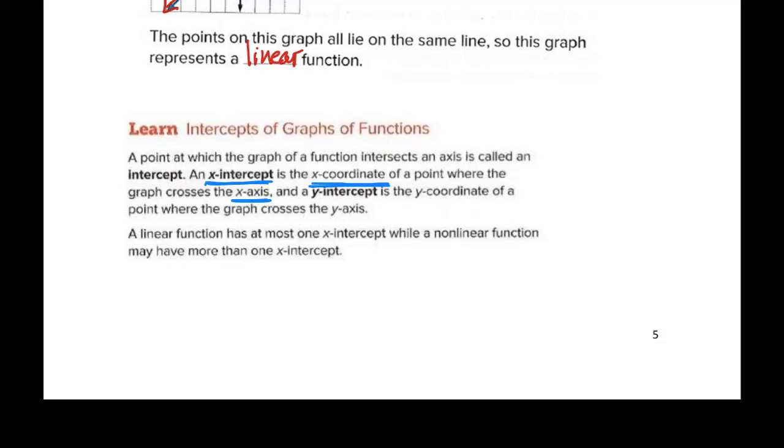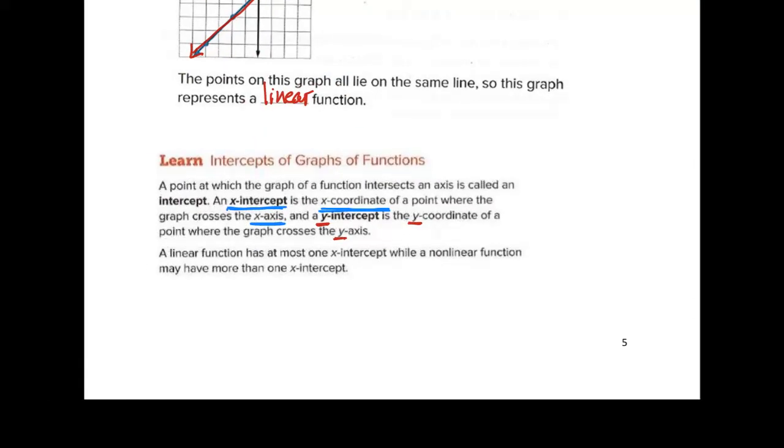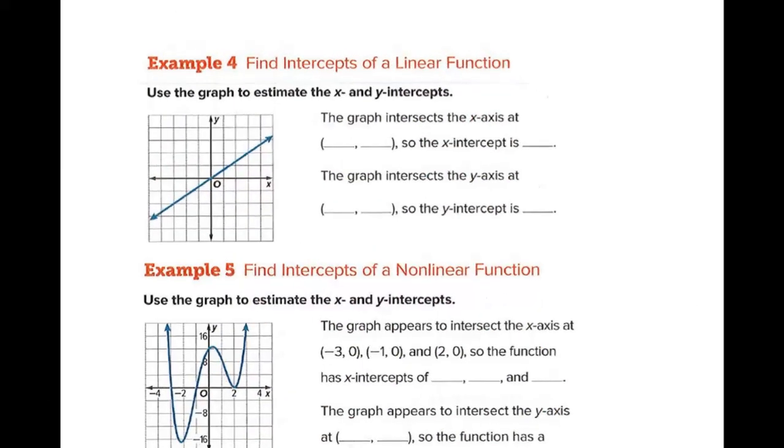X, x, x, all together, right? The y-intercept is the y-coordinate where the graph crosses the y-axis. So keep that in mind as we're talking and looking at these intercepts.